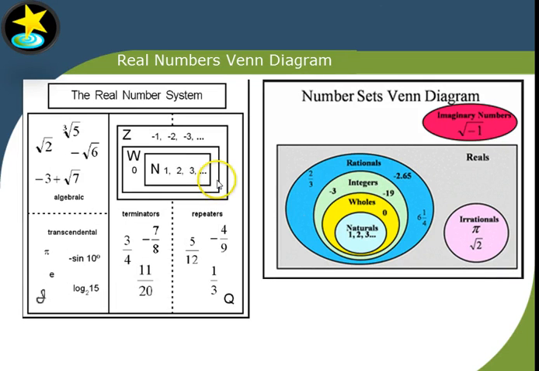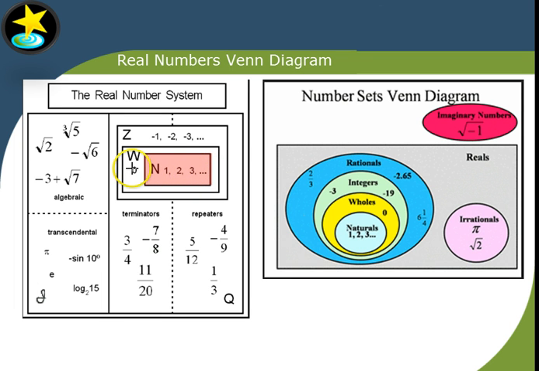There is another way through which you can represent the real number system, which is some of the time pretty useful for people to understand. And this is again a good way for representation, and you can even keep this in mind. So I'm highlighting this natural number represented by N, starting with 1, 2, 3, and so on.